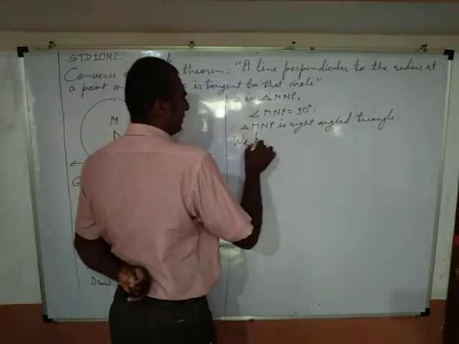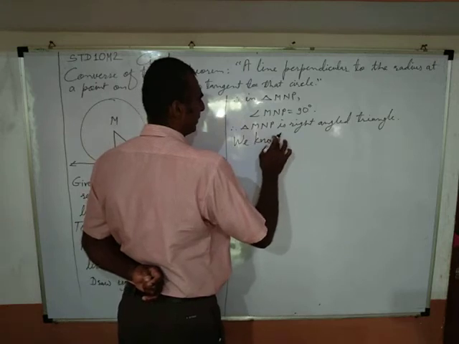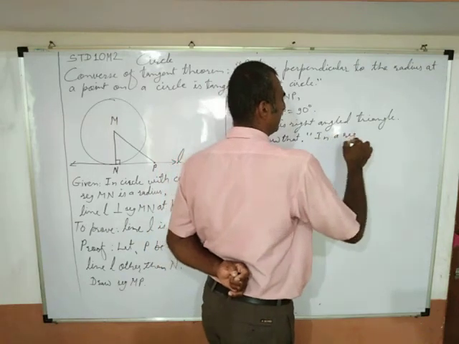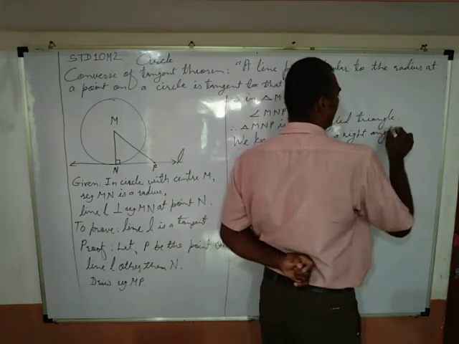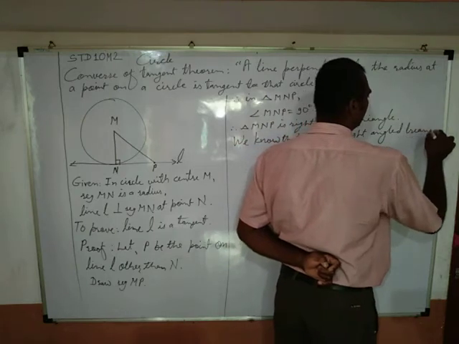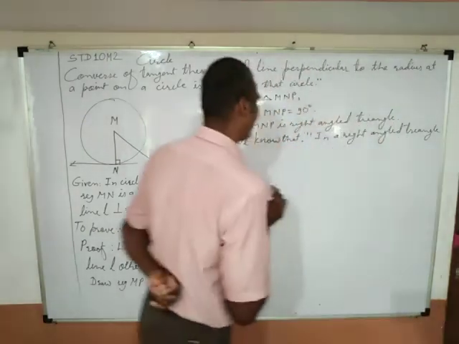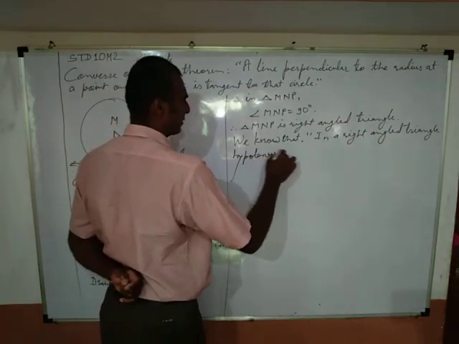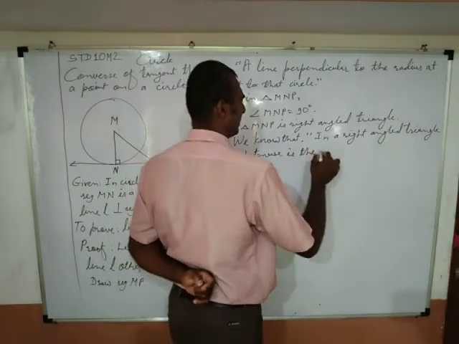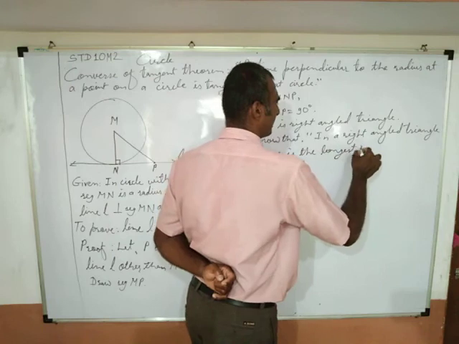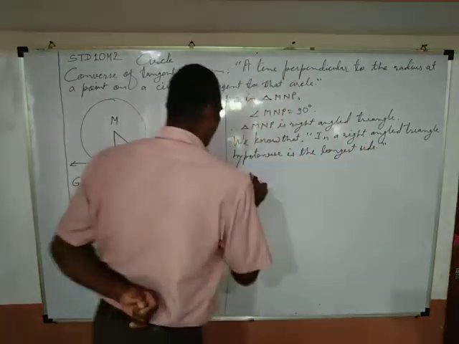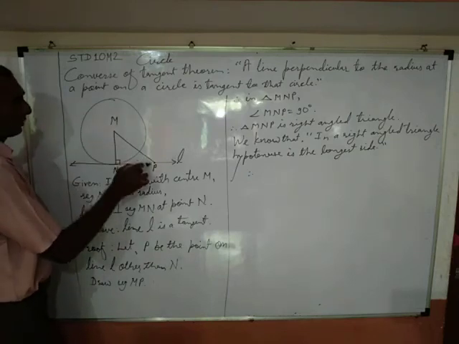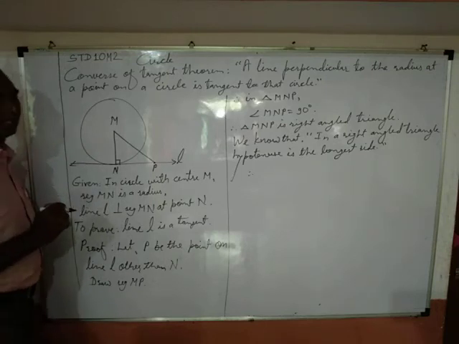We know that in a right angled triangle, the hypotenuse is the longest side. Okay, and therefore here you may note seg MP is the hypotenuse, and therefore seg MP is greater than seg MN.